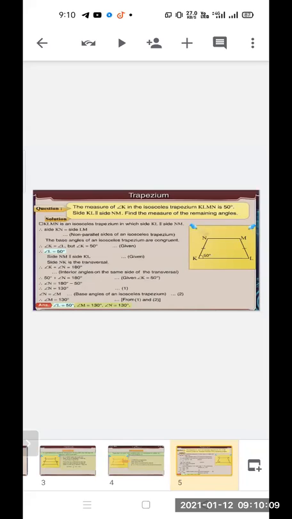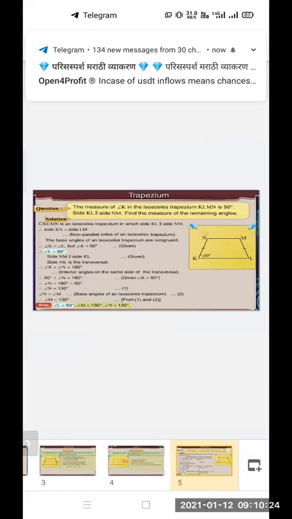Quadrilateral KLMN is given as an isosceles trapezium, and side KL is parallel to side NM.